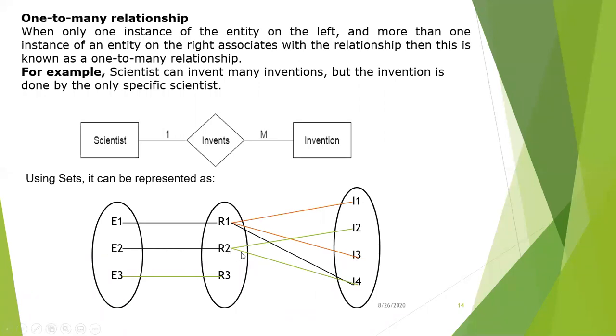Lecturer 2 publishes two papers. So here it is more than one. Up to the relation he participated in only one association, and from the relation to the articles, many associations. So this diagram represents a one-to-many relationship. I hope you understand this very well.